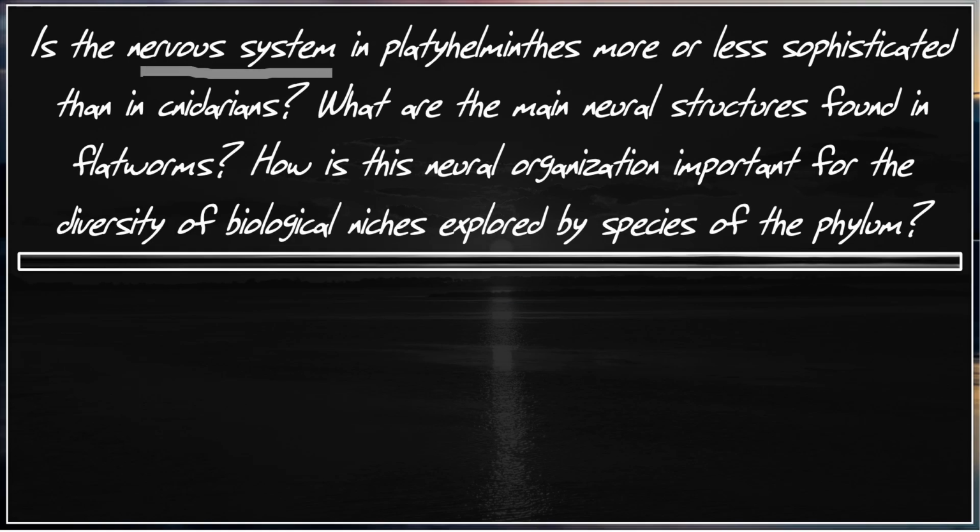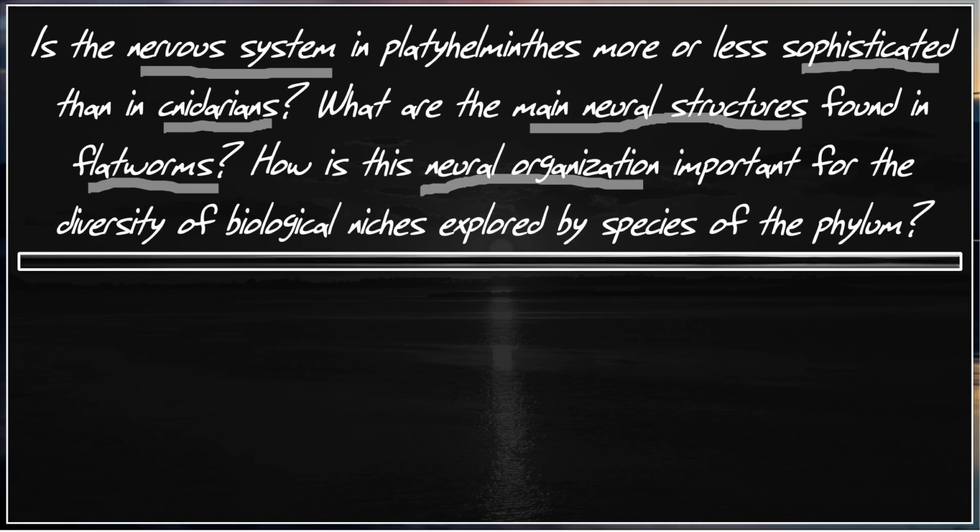Is the nervous system in Platyhelminthes more or less sophisticated than in Cnidarians? What are the main neurostructures found in flatworms? How is the neuroorganization important for the diversity of the biological niches explored by the species of the phylum?